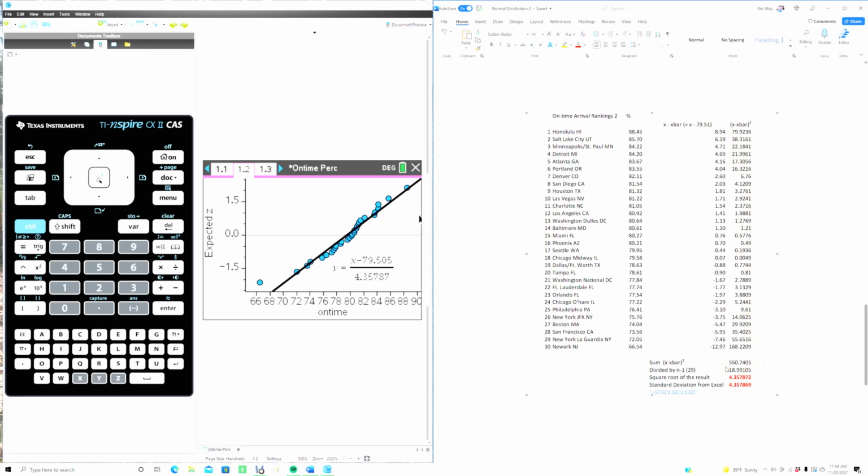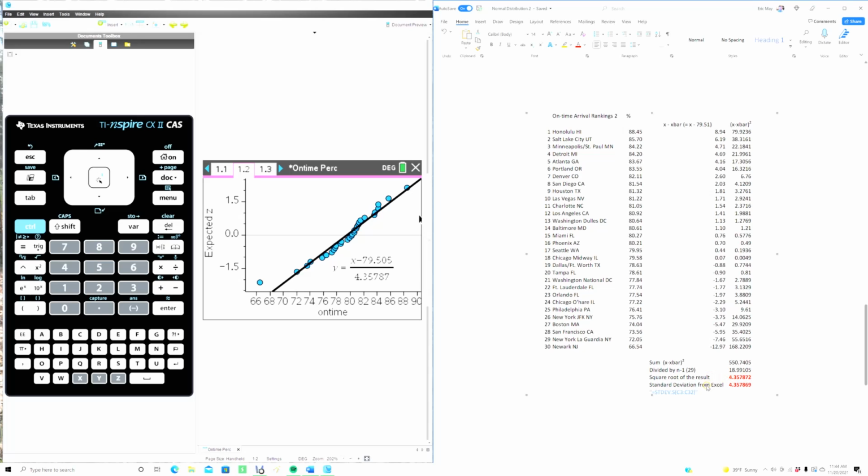550.74. Then you divide that by n minus 1, where n is the total number of values, in this case 30, so 30 minus 1 is 29. We divide the total 550.74 by 29, and we get 18.99. If we take the square root of that, we get the standard deviation, 4.357872.